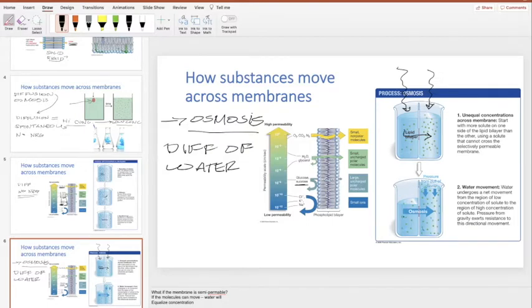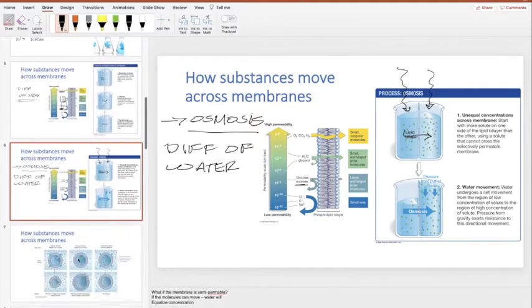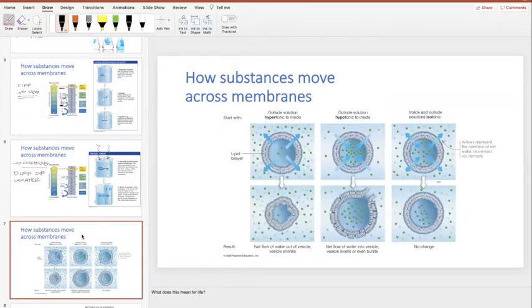So what does this mean if you're a cell? Let's take a look at this. You've probably seen this kind of thing before. So let's say that we have a cell here, or a cell membrane here, okay? And we have a whole bunch of things dissolved in the water surrounding this membrane, okay? These dissolved things are called solutes, and the water is the solvent.